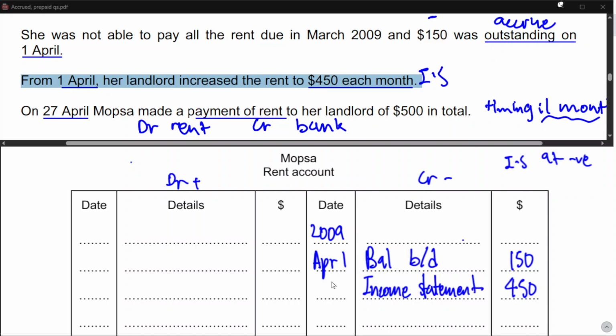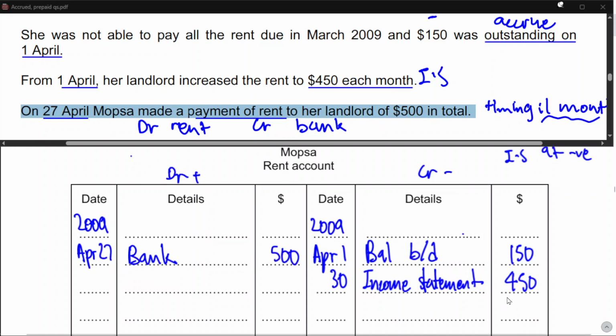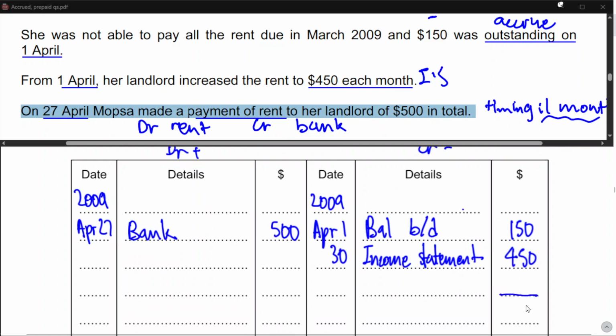Okay, for in the end of 30. So this one, third line, rent debit bank, April 27, 500. Okay, now let's close the account.